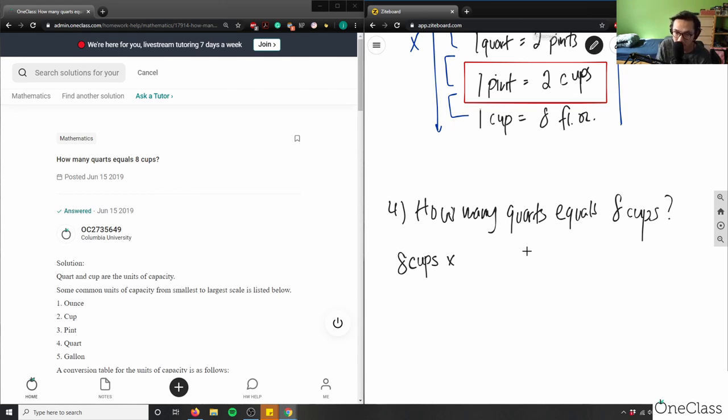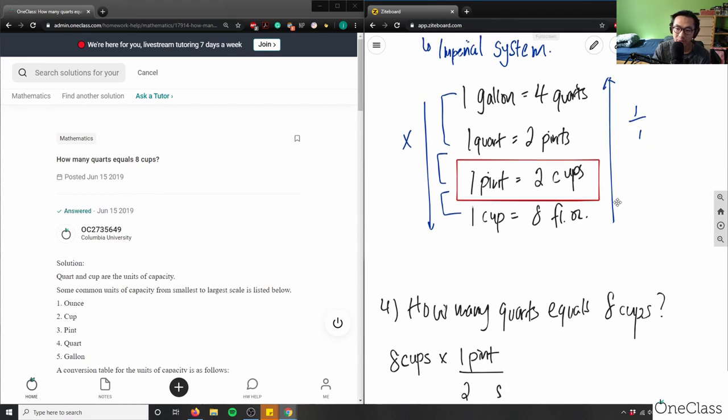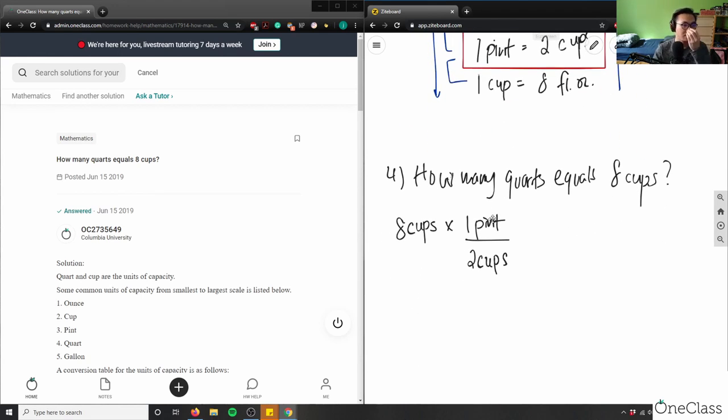So 1 pint would equal 2 cups. There's 2 cups per pint. So we are multiplying by half, or you say divide by 2. Remember, as I'm going up the measurement, I'm dividing by 2. And again, I'm using this concept of dimensional analysis, so I can make sure my units cross out.